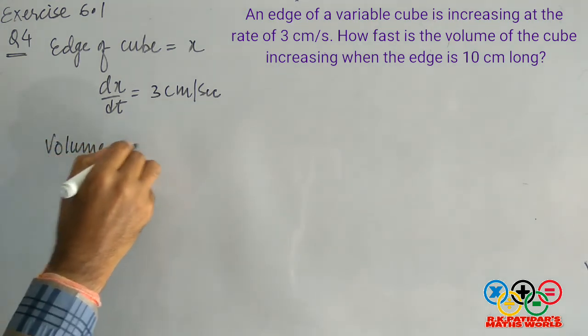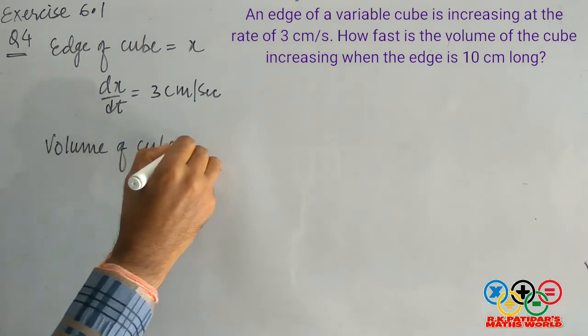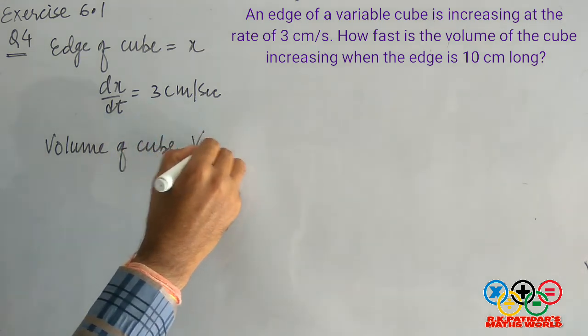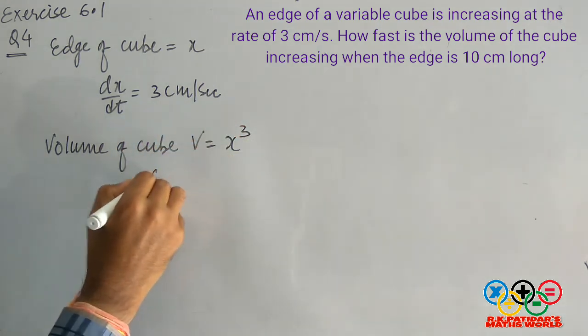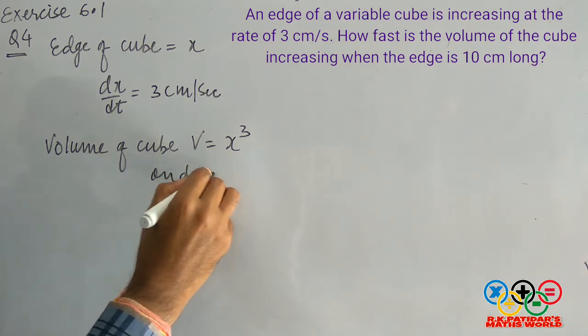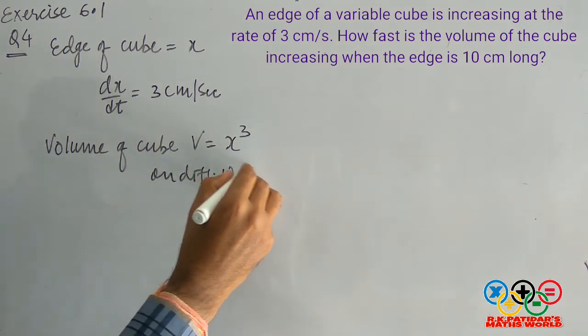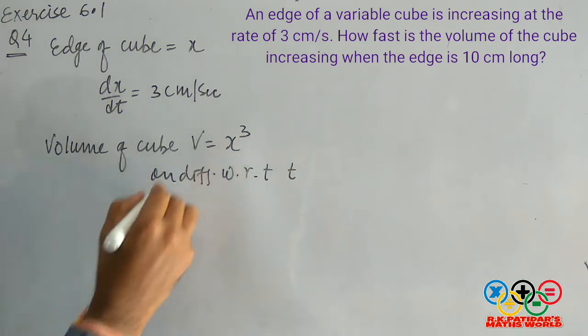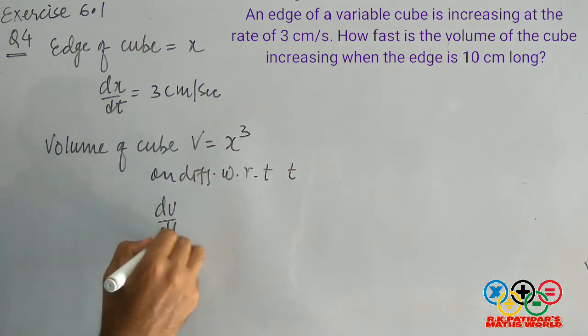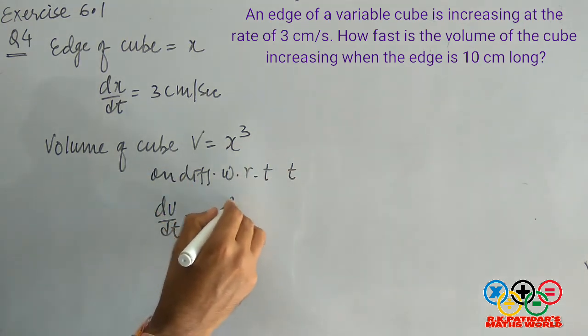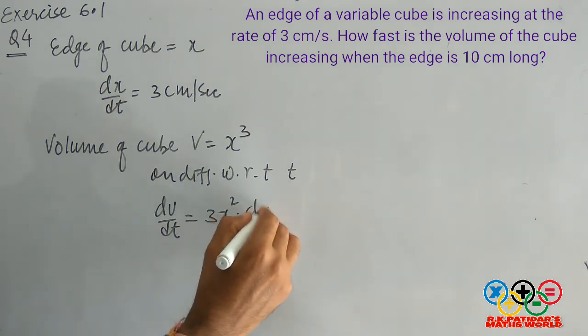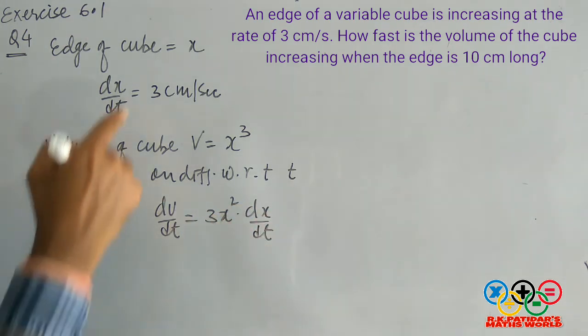So the volume of the cube, we represent it by V, is x³. Now on differentiating with respect to t, we get dV/dt is equal to 3x² into dx/dt.